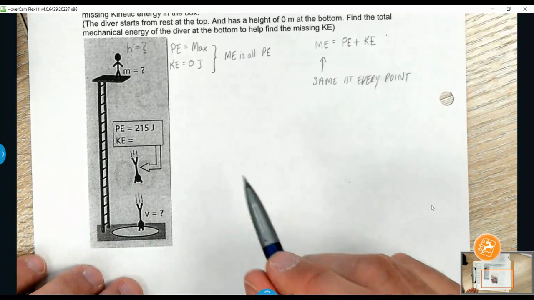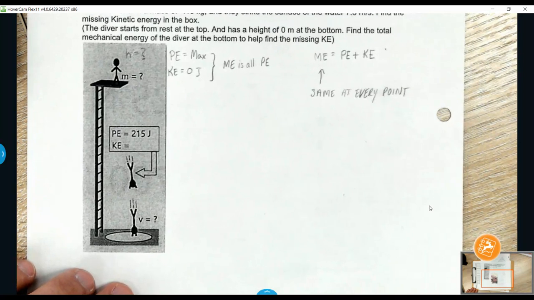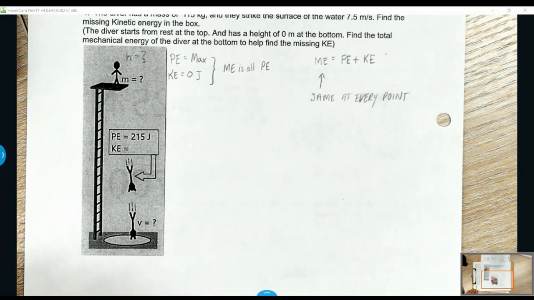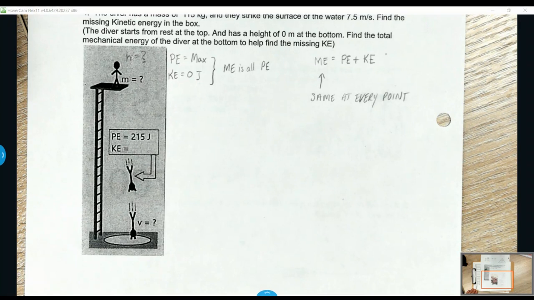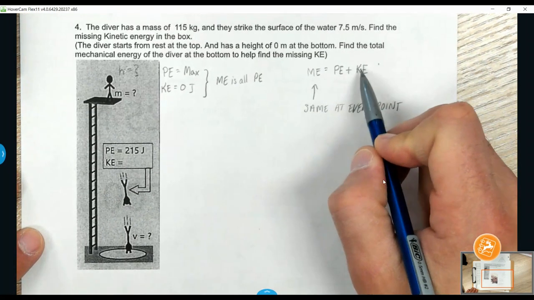Well, what about at the bottom as the diver strikes the water? So in this last problem, mechanical energy is equal to potential plus kinetic.